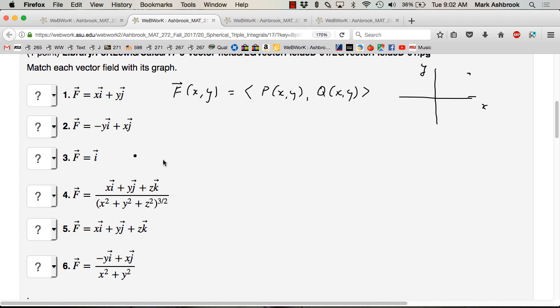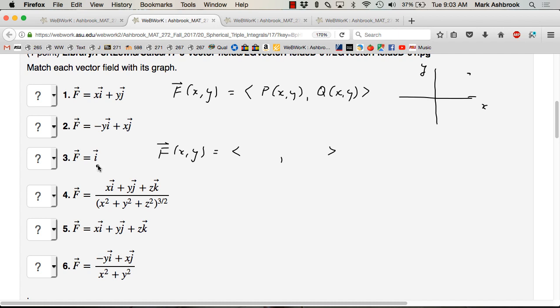So if we were to write this, we could write it this way. So it just says i. What's the x component and what's the y component of all these vectors? We're not going to use the basis anymore. We just want to know what function of x and y is the x component of the vector.